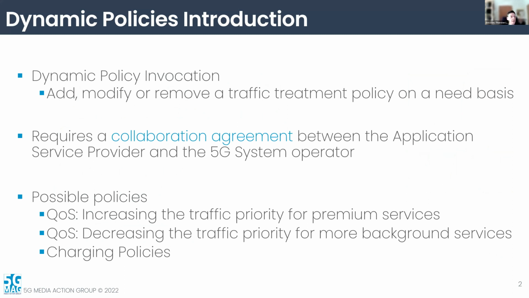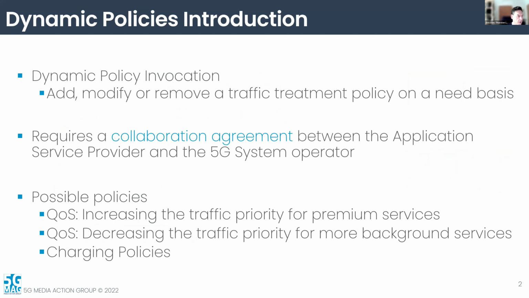So now, first, this dynamic policy invocation. This is about, let's say, adding, modifying, or removing different types of traffic treatment policies, on a need basis. The key driving use cases, of course, are to improve the quality of service, meaning to provide a higher traffic handling priority in order to get a higher bit rate, for instance, or certain characteristics.